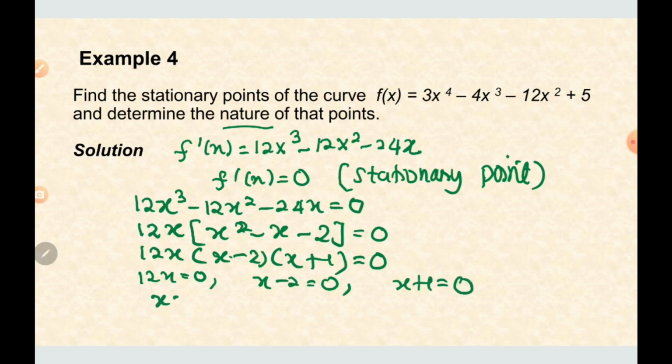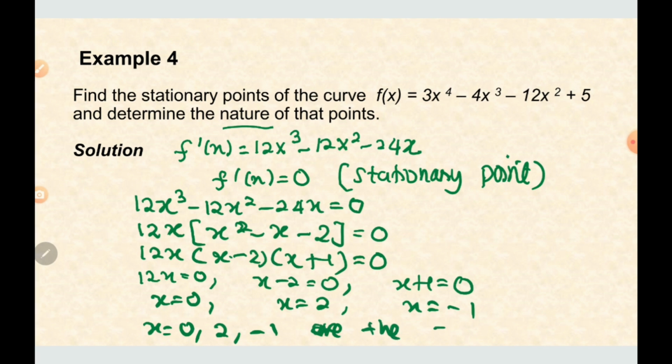Therefore we have x equals 0, x equals 2, and x equals negative 1. So these three values, that is x equals 0, 2, and negative 1, are called the stationary numbers.